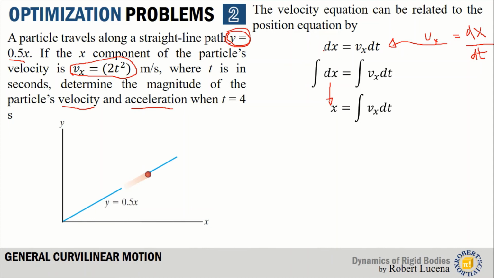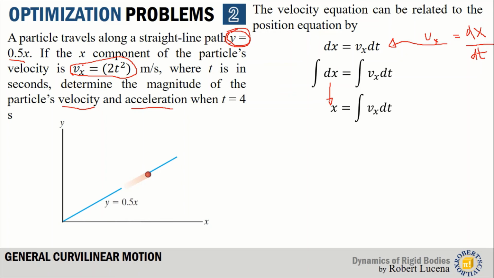That's why this is our first step, because we have the position equation in y, but we don't have the position equation about x. And that's what we need. If we have the position equation about y and about x, we could get the rest: the velocity about x, the velocity about y, the acceleration about y, the acceleration about x, as long as we have the position equation.